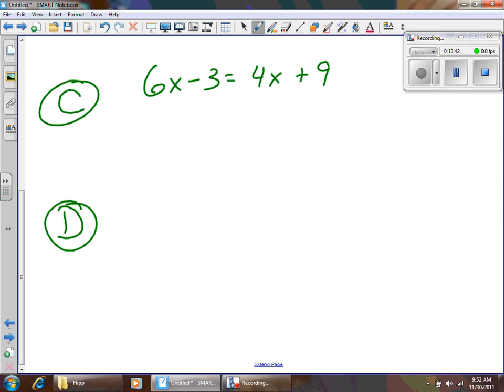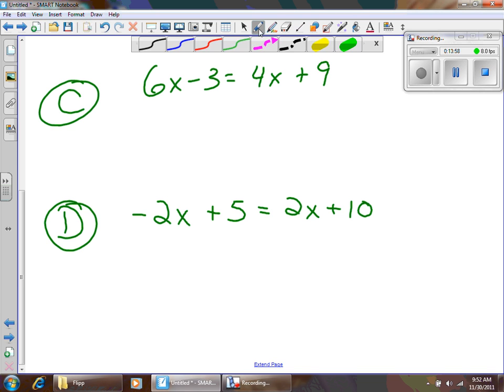And problem D will be negative 2x plus 5, and that'll equal 2x plus 10. All right, go ahead and pause.